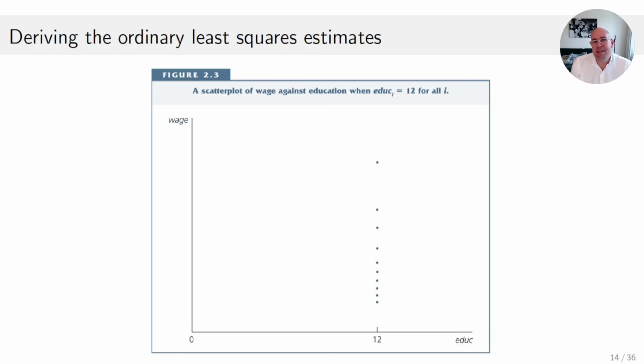Then I can never really learn from my data about the relationship between wages and education, because I have no variation in education. So it's a very natural condition that we have used here, and we shouldn't worry about it too much. When we don't have variation in education, it's basically a non-starter. We don't even have to bother to obtain our estimates, because it's not going to be possible.